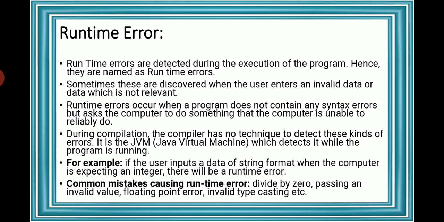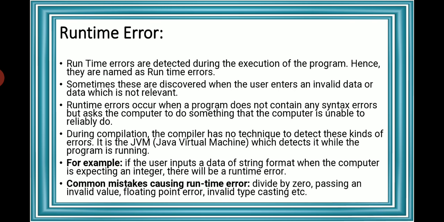Now the compiler has no way to find these kinds of errors, because they come when the user is entering the data. It is not at the end of the compiler, but at the end of the user. Common mistakes that cause runtime errors could be divide by 0, like you are entering a number by which you have to divide and you enter the number as 0. Then this will be an error.